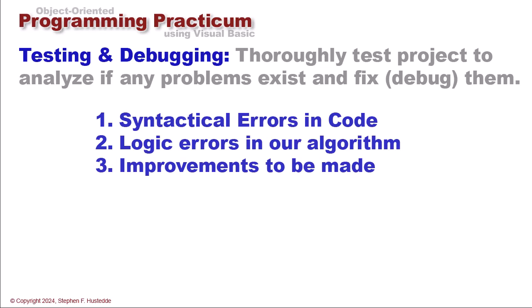They're usually very simple mistakes. Maybe we omitted a line of code as we were moving from our algorithm into the code and we forgot a step. Or maybe we made a reference to an outside class and we didn't include that class in our code. We'll see that syntactical errors in our code have red squigglies in them within Visual Studio, which is a nice visual clue that, hey, there's a problem in this statement. We always want to pay attention to those. We'll look at that in a minute.